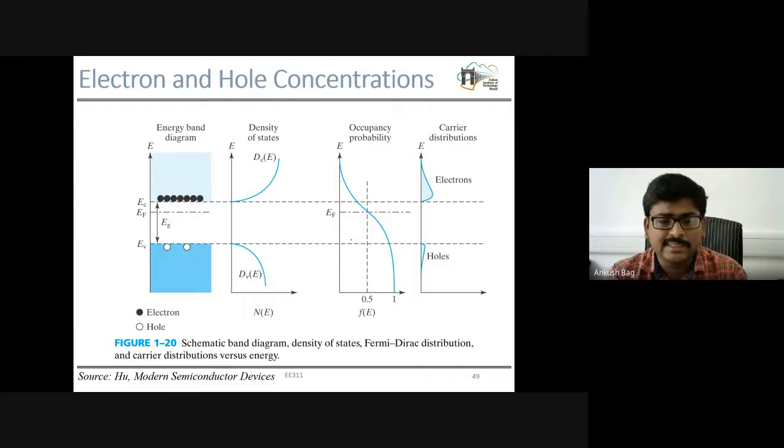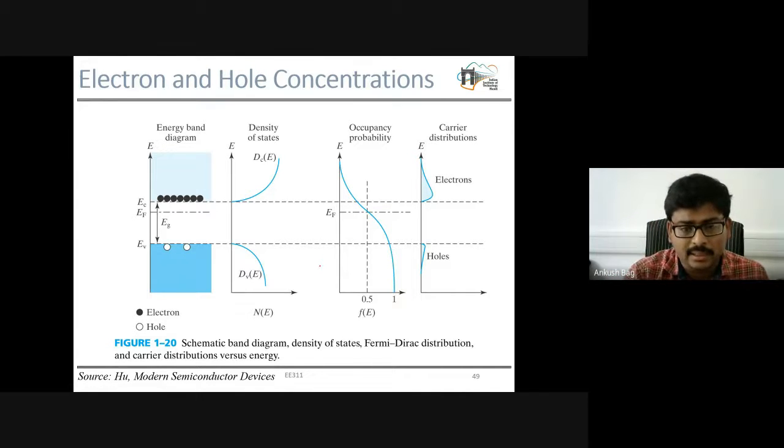So now this is a pictorial representation of how we can calculate the carrier concentration from the density of states as well as the Fermi-Dirac distribution. This is the density of state variation, because here we are considering a three-dimensional semiconductor.